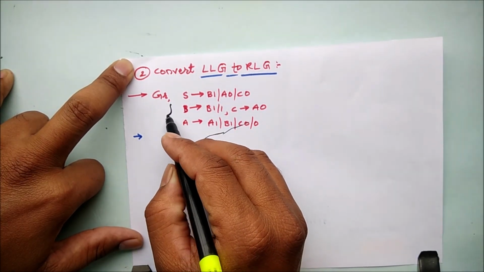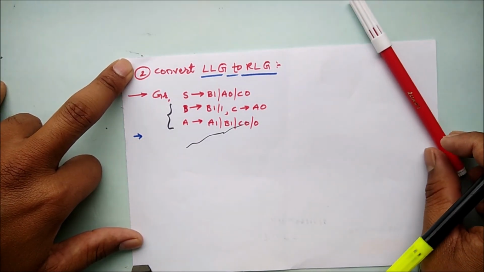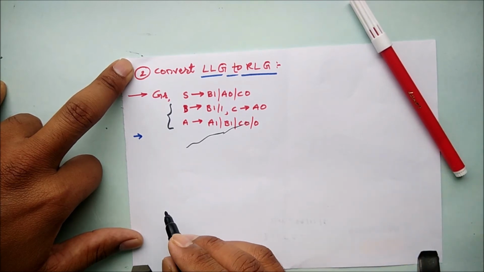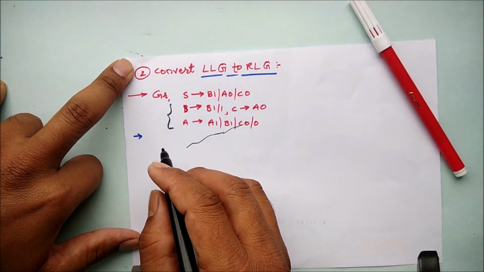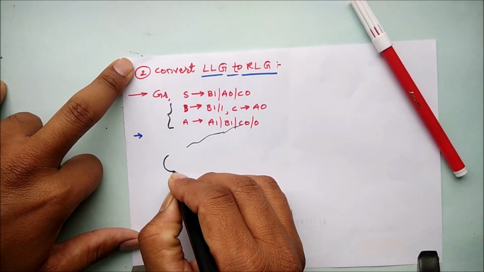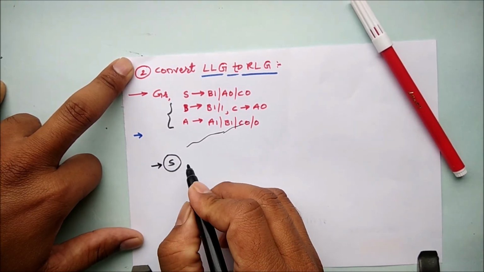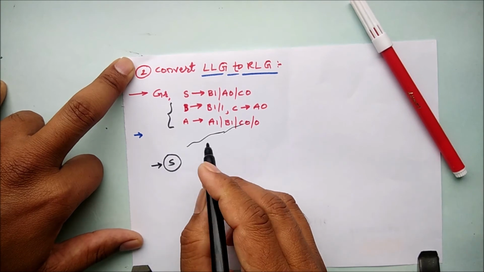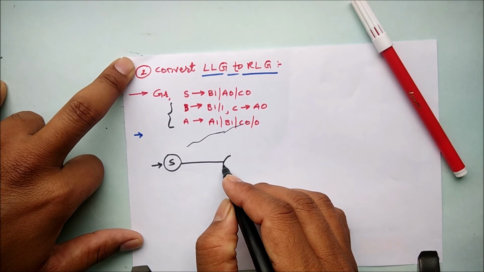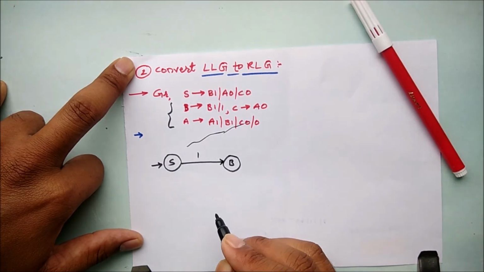And this is your given left linear grammar, and let's try to draw the finite automata, the first step of the LLG. So the given grammar is that S is the initial state, right? Now let's go on drawing all the production rules. So S gives B, and the input is 1.